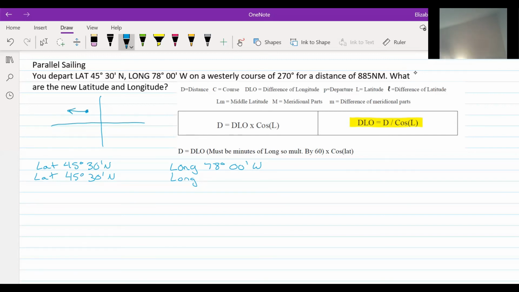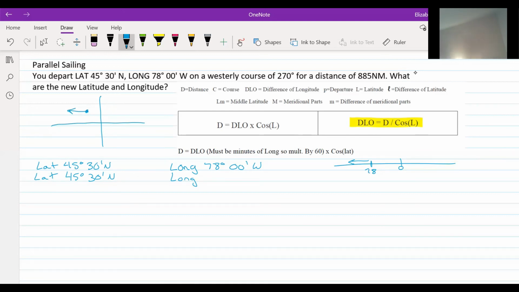So if we have our number line with our 0 there in the middle, and we are here at 78, and we get further away from 0, would the numbers get larger or smaller? They would get larger. So we're looking for a number that is greater than 78 degrees.